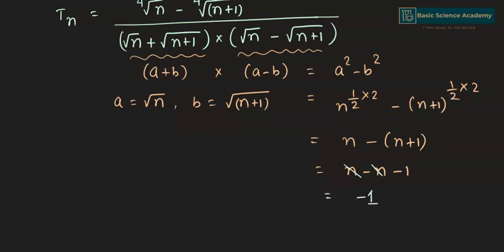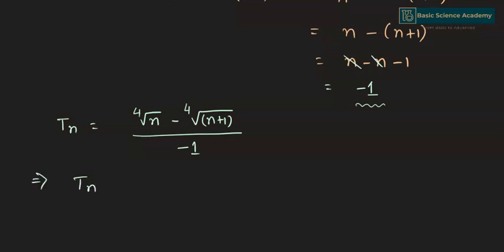Hence in the denominator we have minus 1. Now the general term Tn becomes fourth root of n minus fourth root of n plus 1 divided by minus 1, which we can write as Tn equal to minus of fourth root of n minus fourth root of n plus 1.